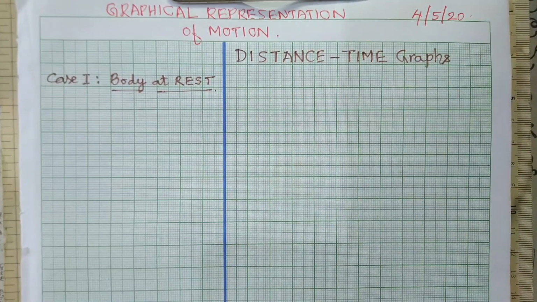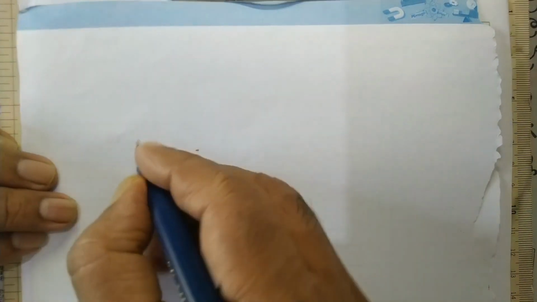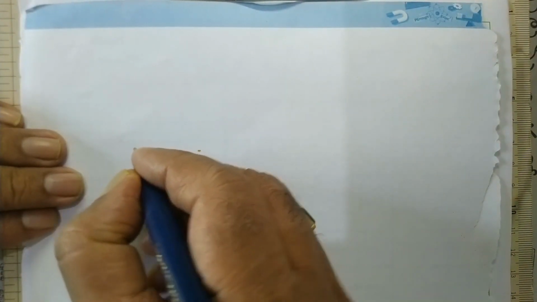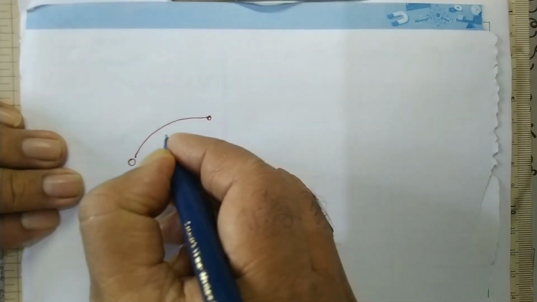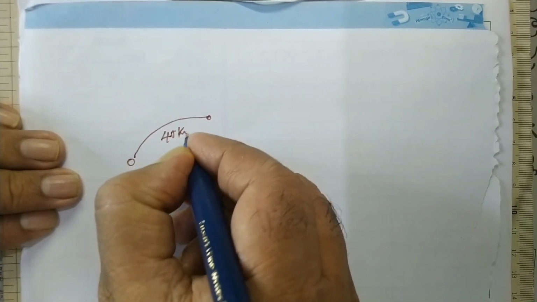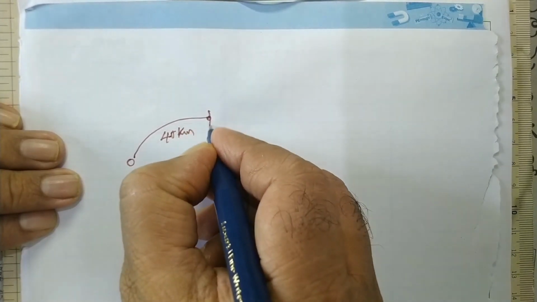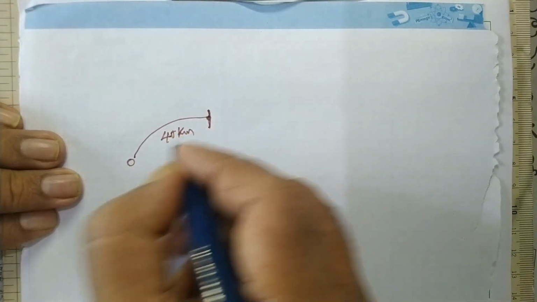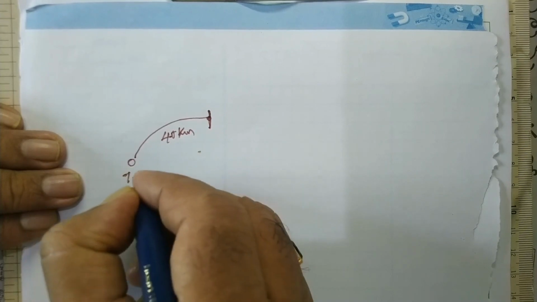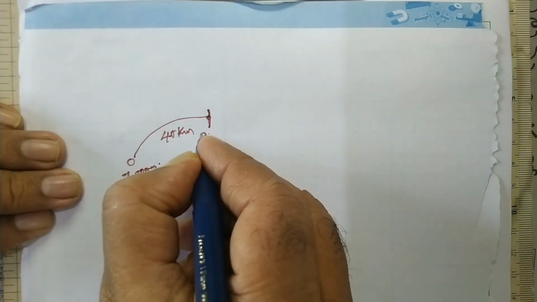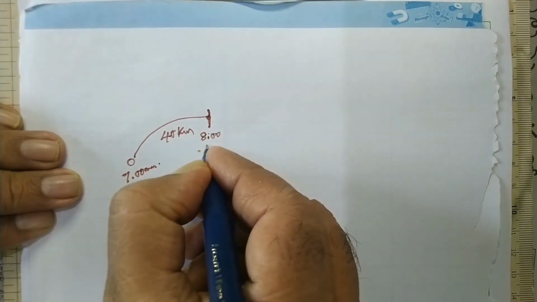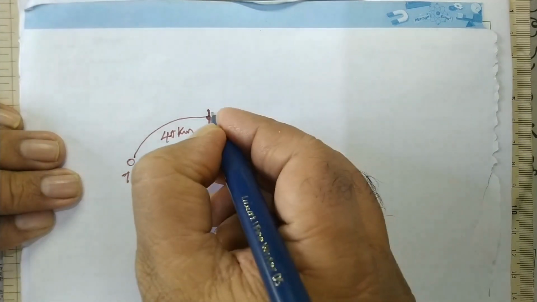In rough, I'd like to explain how it will be at rest. For example, let us say that a body has started from here and has moved like this. After moving 40 kilometer in distance, it has got some problem and stopped here. It started at 7 a.m., let us say, for the sake of understanding, and it has gone up to here by 8 a.m. and at 8 a.m. it stopped.